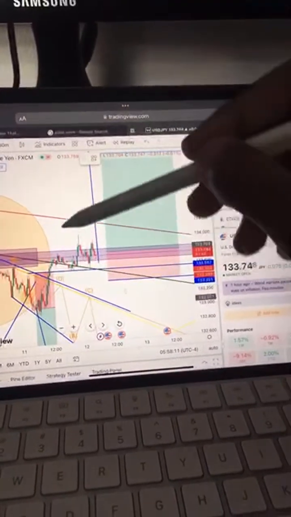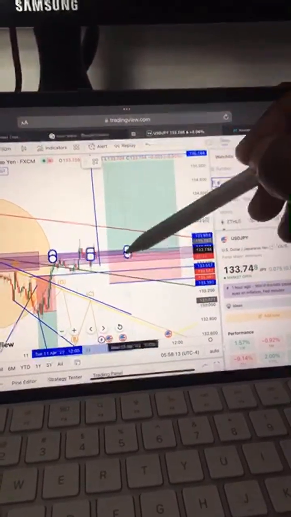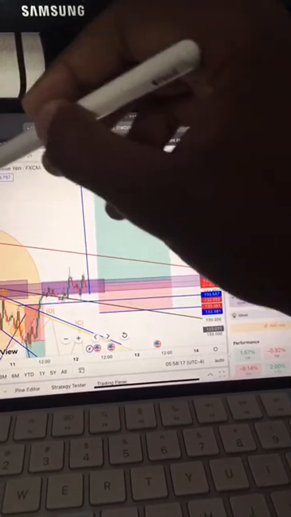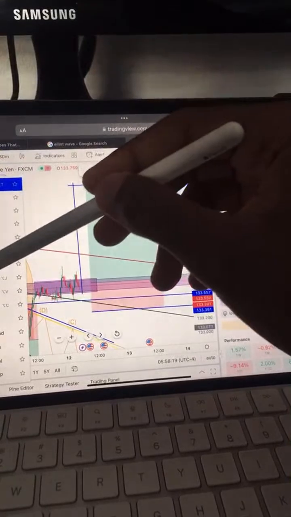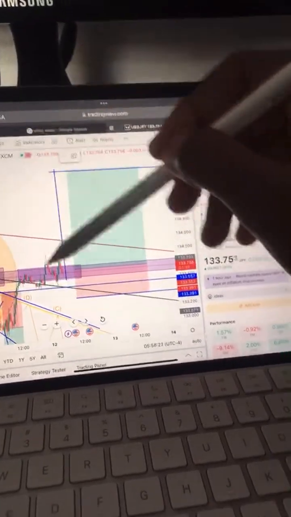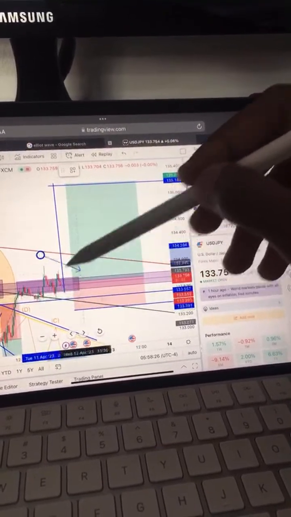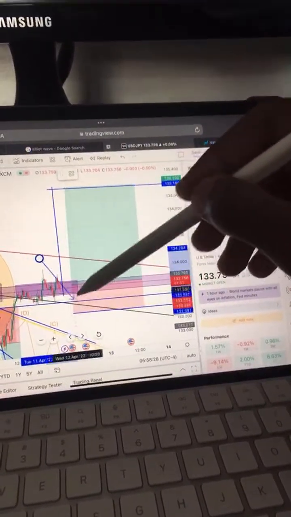At the moment, the chart did break my resistance, that is right here, and I have to enter around here, around this area, but I will enter at 14.29 for CPI.